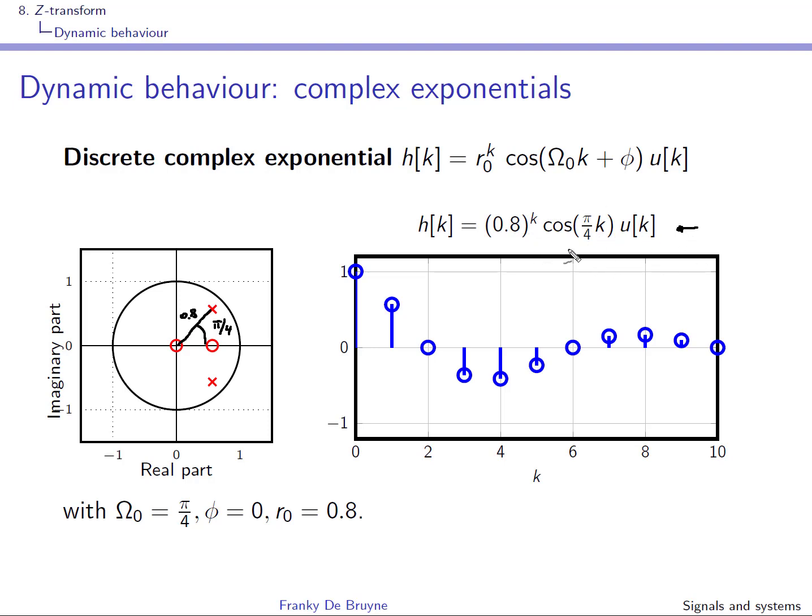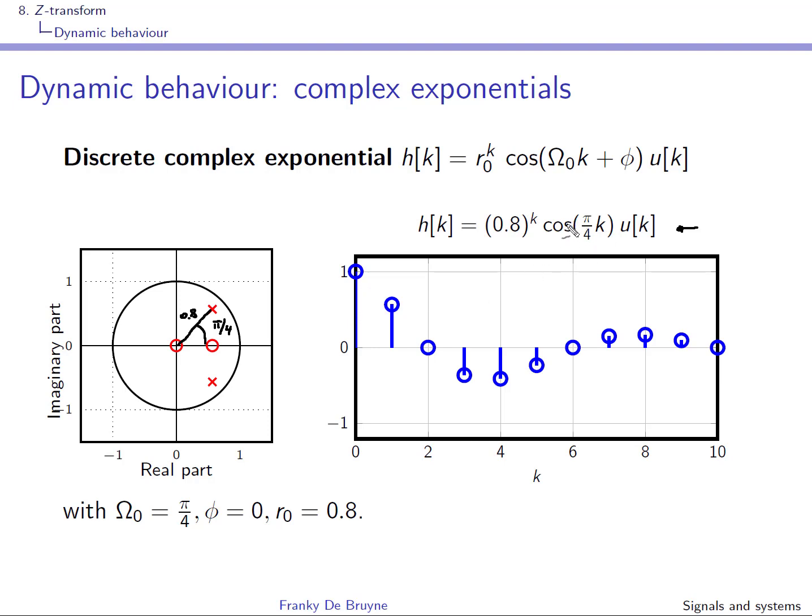Here it's a cosine. The fact that it's a cosine is linked to the zeros. This is not so very important. A cosine or a sine is just a phase shift. So this will have an influence on the zeros, but the behavior will be the same.